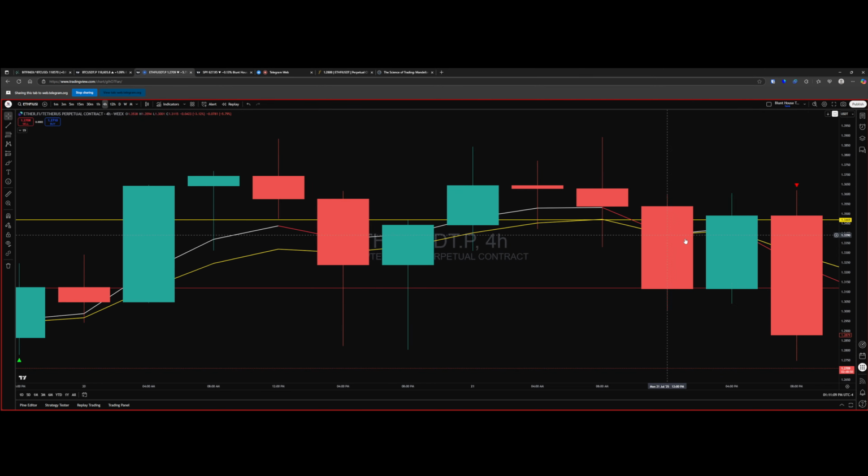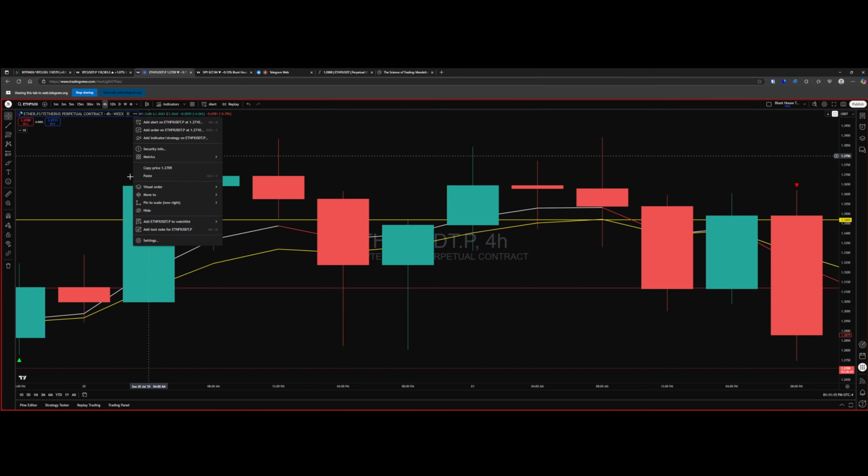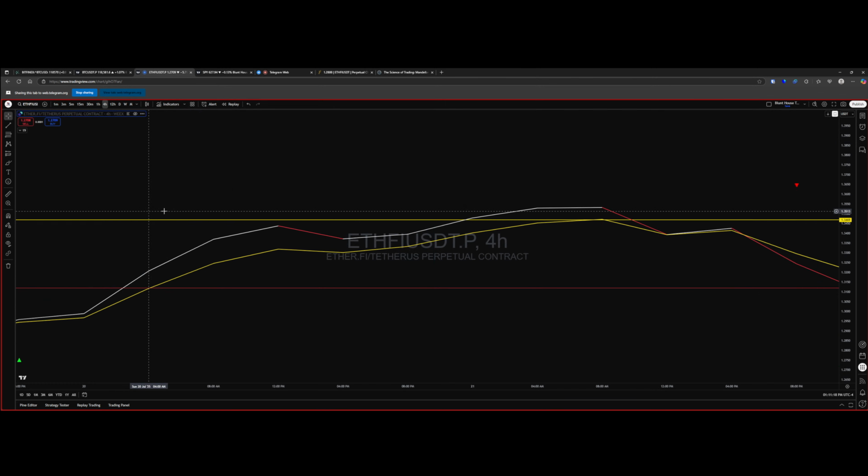The chart was telling you which way this was going to go. This is not magic or anything like that. This is simple stuff that just gives you clues, because this is the language of the market and you're just learning how to read it and interpret it.